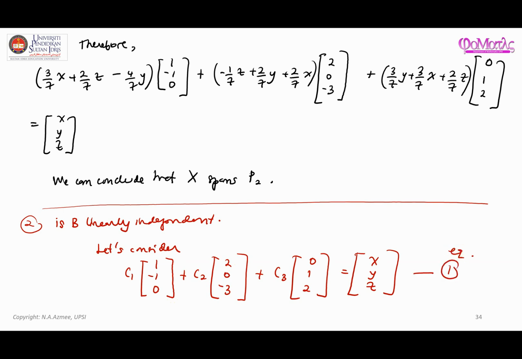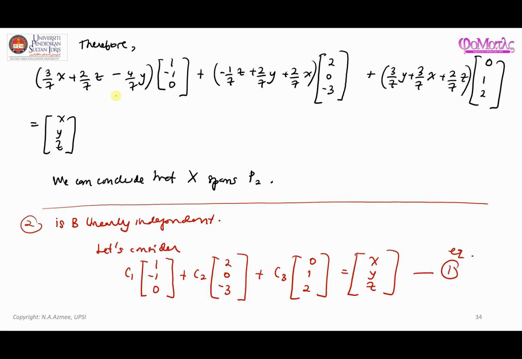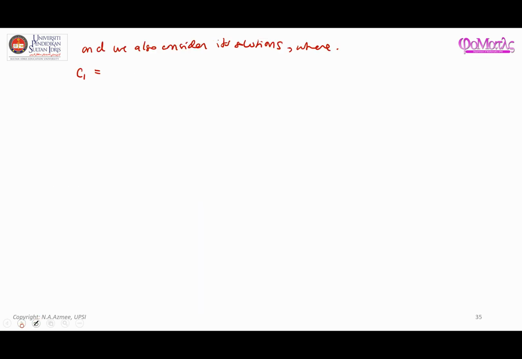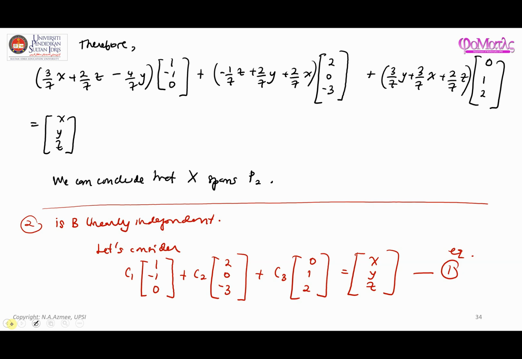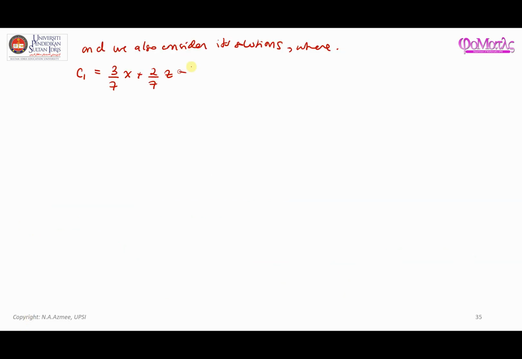We have already shown its solutions, where C1 is 3 over 7x plus 2 over 7z minus 4 over 7y.